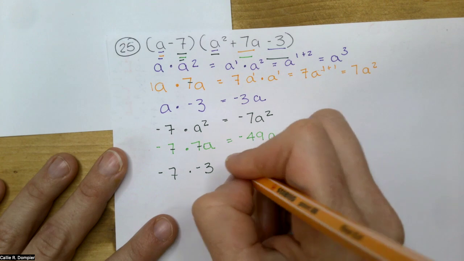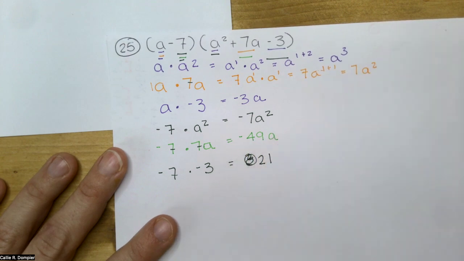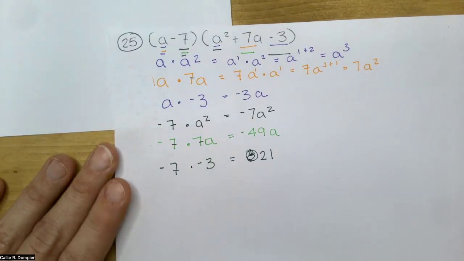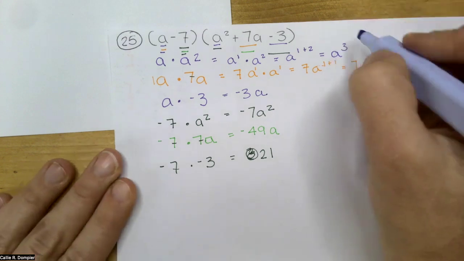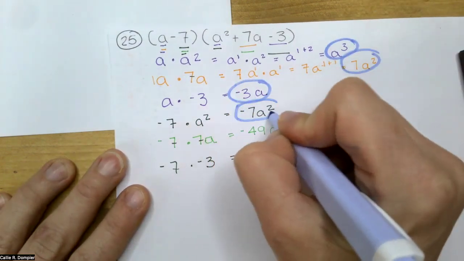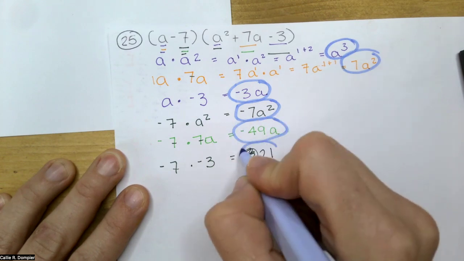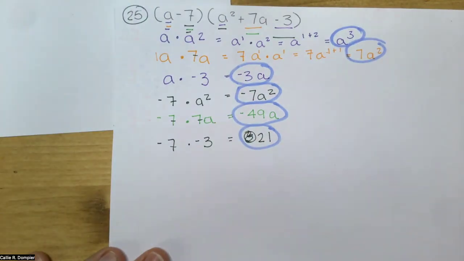And our last one is 7 times 3, which is 21. Negative times a negative makes a positive. Good. So now we're going to take each of these terms. We had a cubed, 7a squared, -3a, -7a squared, -49a, and 21. And we're going to combine those into a single polynomial. Then we're going to combine like terms, and we will be done.